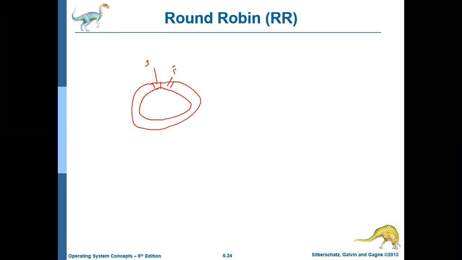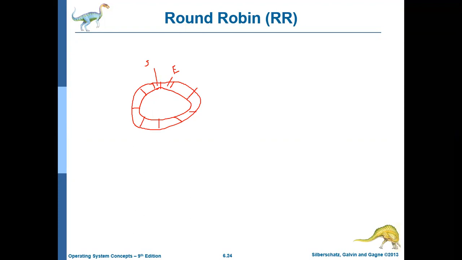And what the round robin scheduling algorithm does is this: the ready queue can hold a certain number of processes or jobs, and it is a circular queue.